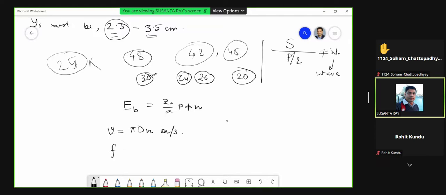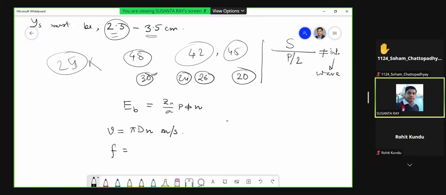And what is the frequency of reversal? Though it's a DC machine, but you know that in the armature, the current alternately changes its polarity.